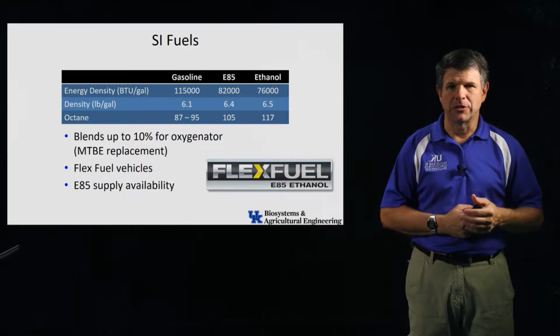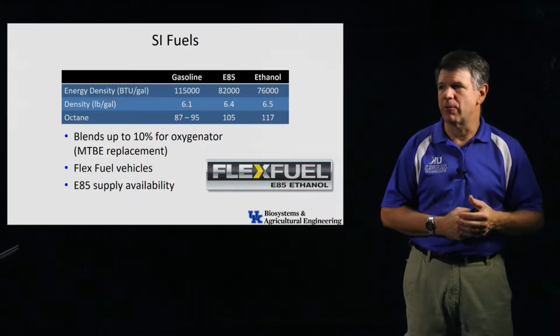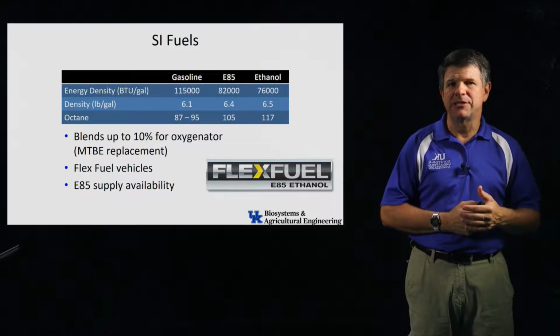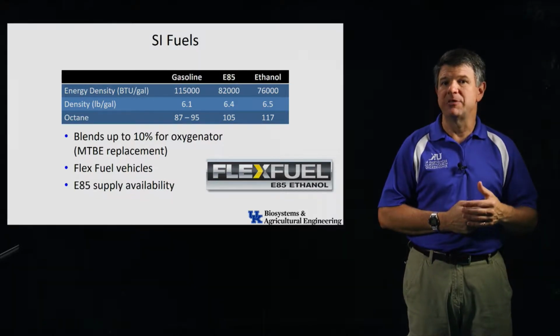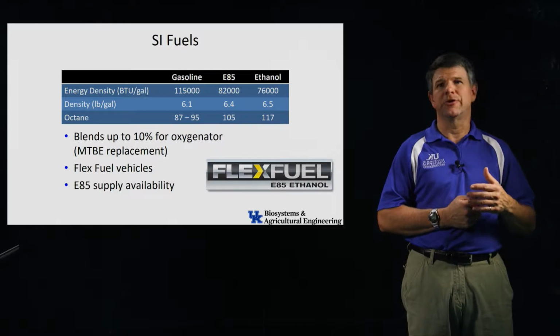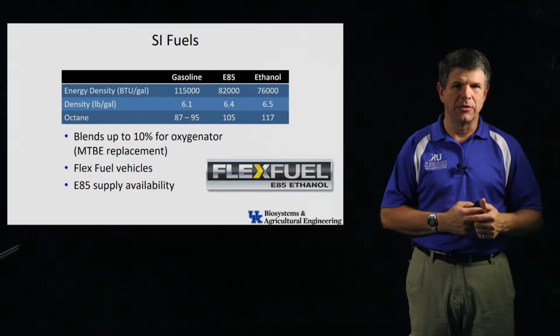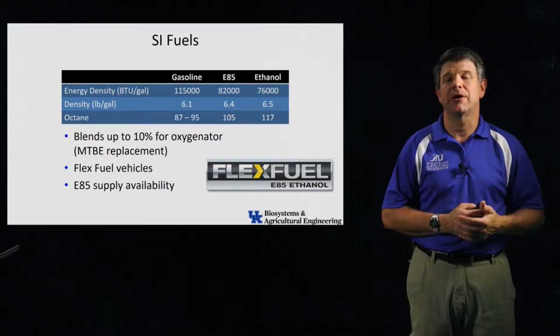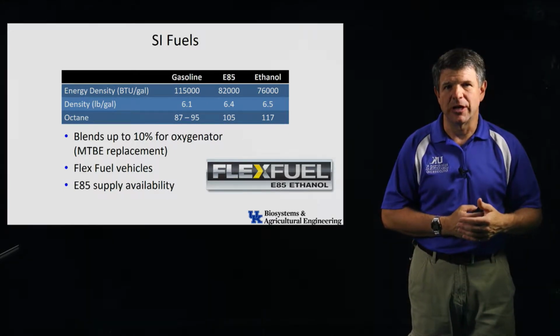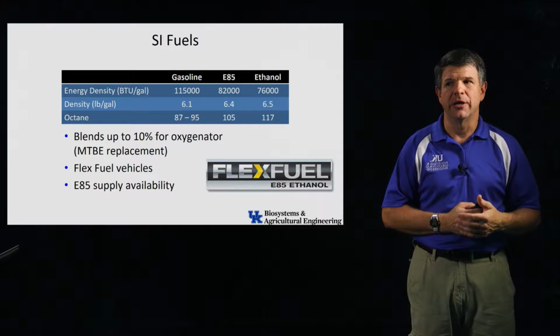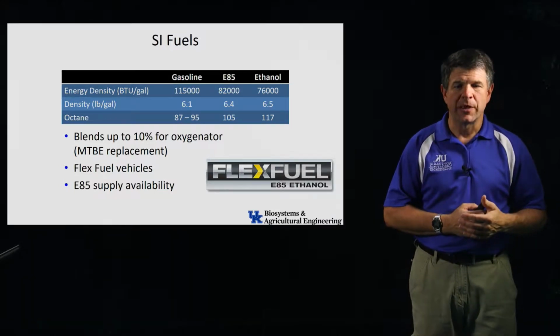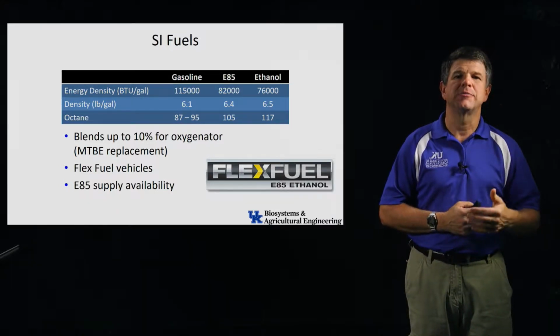There's already some oxygen right there in the molecule, so that helps us out quite a bit. And it's a replacement for MTBE, methyl tertiary butyl ether, a compound that used to be used in gasoline. It's a petroleum-based compound that was an oxygenator, did the same thing as what ethanol did, to add some oxygen to the fuel. So there's not as much of that anymore.